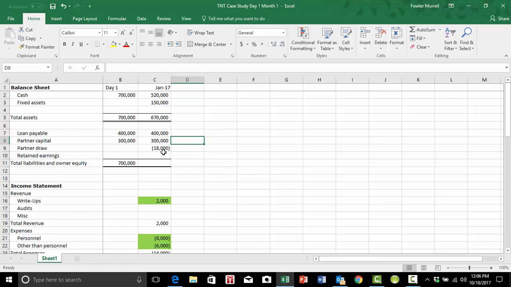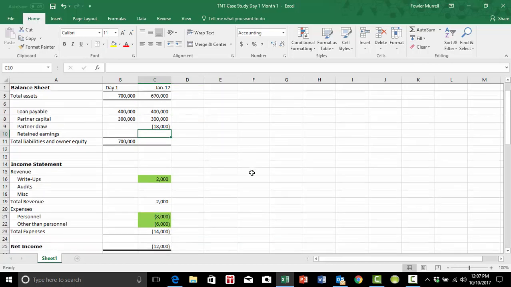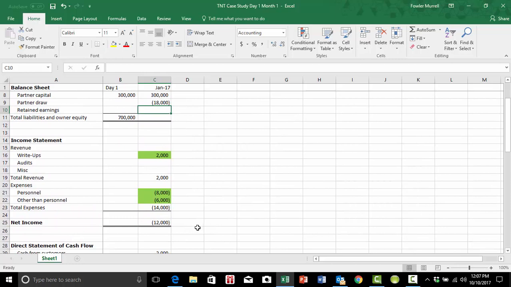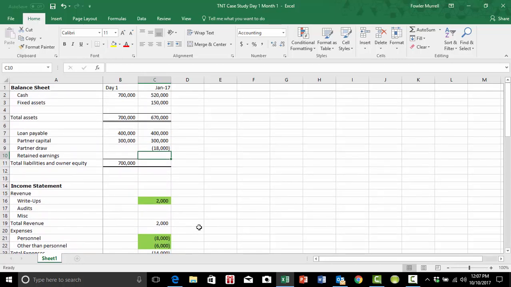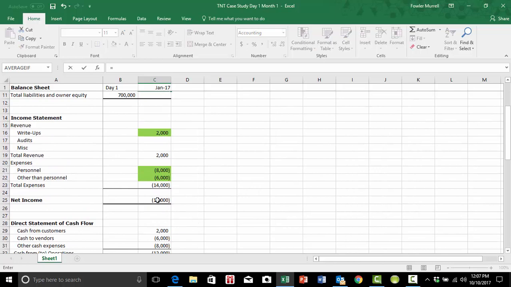And we have partner draw. We already have partner draw. Now we have this item, which is retained earnings, and that item is equal to the net income that we have for our period. So it equals this amount.